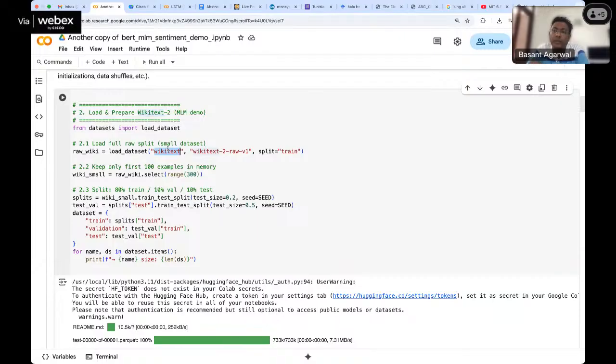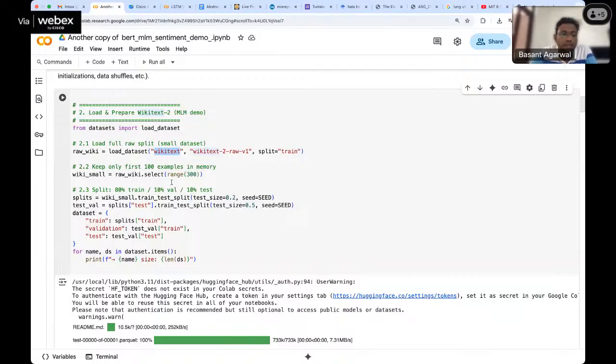Wikitext is a big corpus from which we are using the Wikitext-2 raw version, in which there are 4 versions, but we are using this version because this is a smaller version, and training a BERT model from scratch takes a lot of time. So for this notebook, I have just taken it for demonstration purpose, but when you use it for your problem, you can train it for longer, and you can use your own complete data.